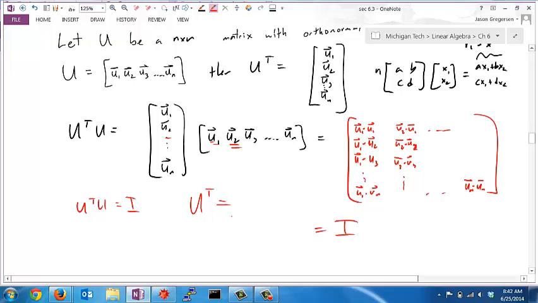If I can multiply on the left of U to get identity and on the right of U to get identity, then U transpose must actually be the inverse. So if you have a matrix with orthonormal columns, and it's an n by n matrix, U transpose is actually the inverse. That's a special property here.